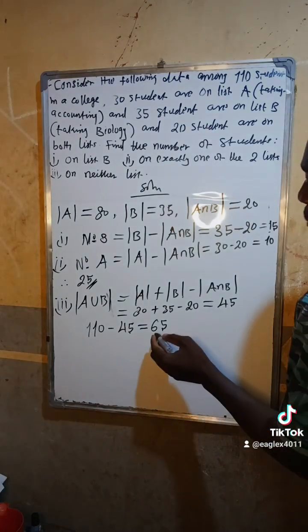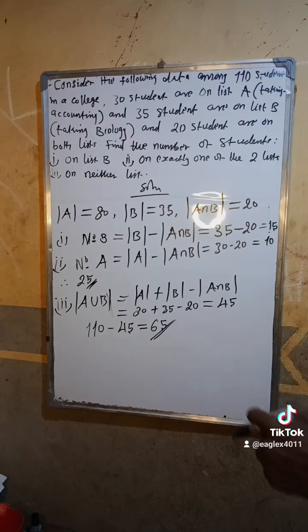So these are the total number of the students that are not taking biology and they are not taking accounting. So this is the first way.